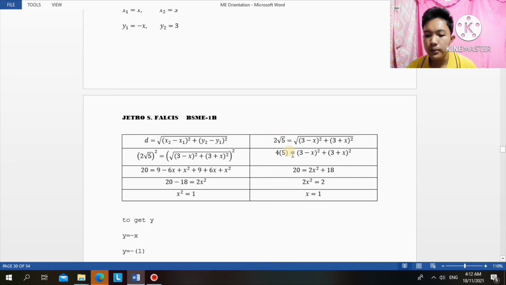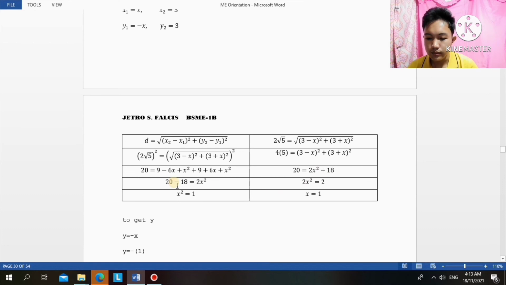It will become 4 times 5 is equal to (3 minus x) squared plus (3 plus x) squared. So expand: 20 is equal to 9 minus 6x plus x squared plus 9 plus 6x plus x squared. Then combine like terms: 20 is equal to 2x squared plus 18.